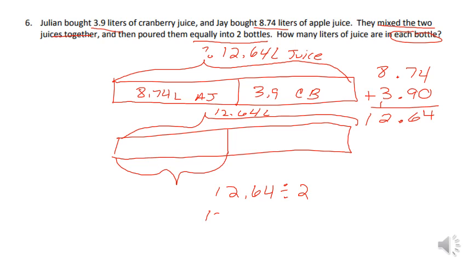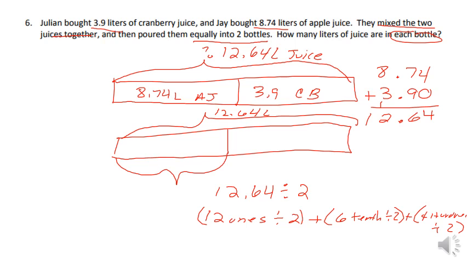So I can go 12 ones divided by 2, plus 6 tenths divided by 2, plus 4 hundredths divided by 2.